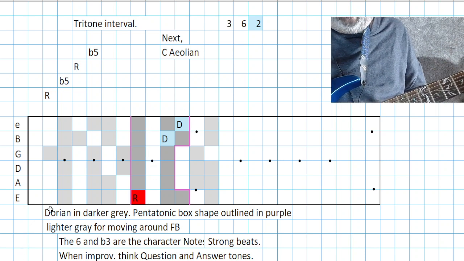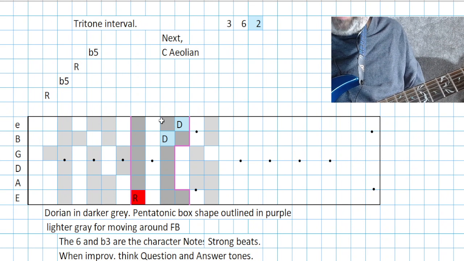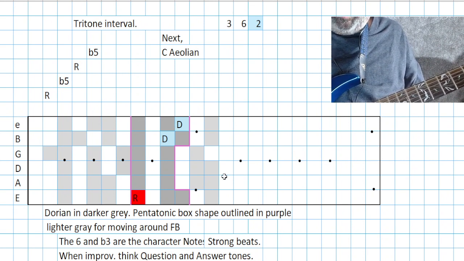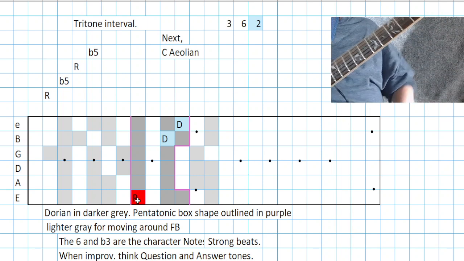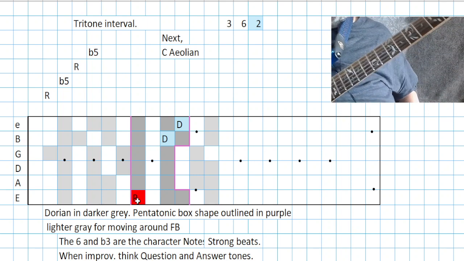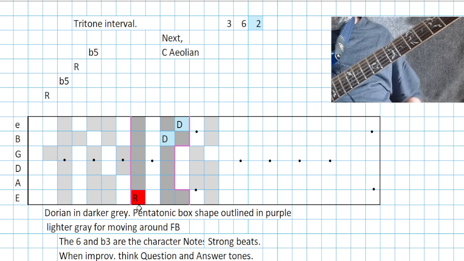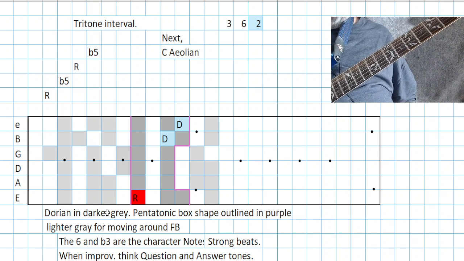We know all that. So the Dorian in the darker gray is the complete Dorian scale, but I would rather use the entire fretboard in my sonic paint box. All right, so Dorian is in the darker gray.